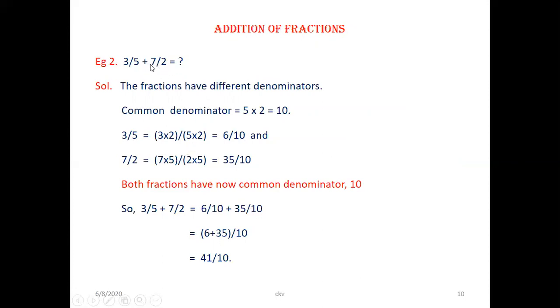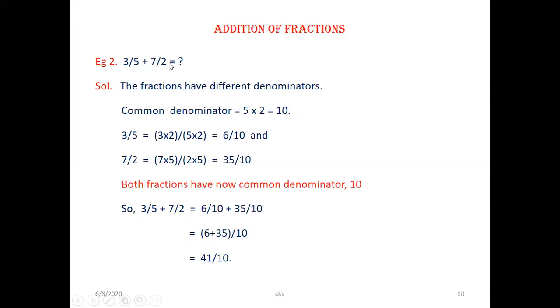Similarly, the second fraction is 7 by 2. What is your aim now? To add these two fractions. To add two fractions, you must have the same denominator. So to have the same denominator, I first found the product of 5 and 2, which are the denominators, and here we have to get 10. Already the first fraction is equivalent to 6 by 10, where 10 is in the denominator.